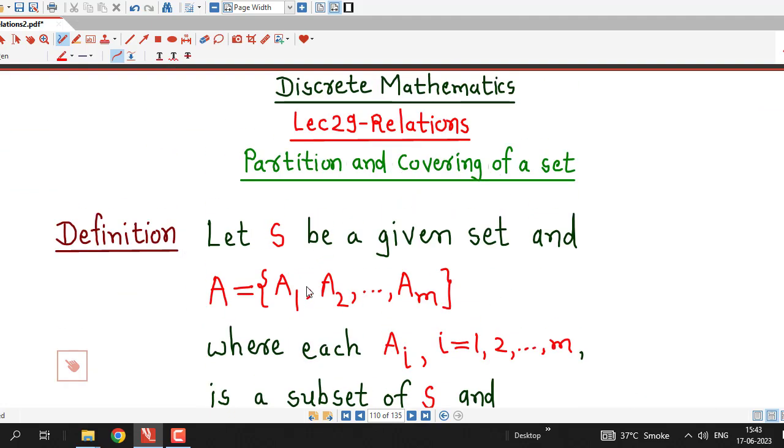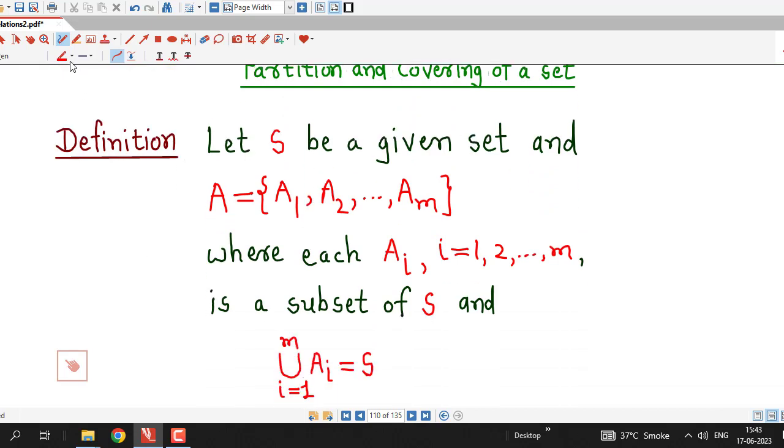I have written this definition here. They can ask you to write down the definitions also. First I have written the definition of a covering of a set.